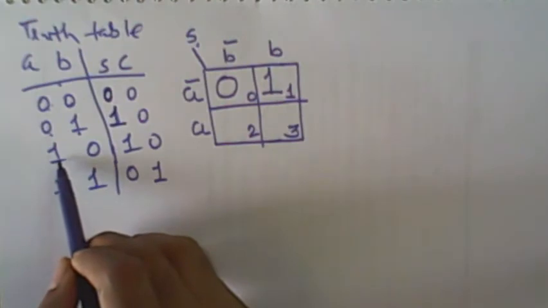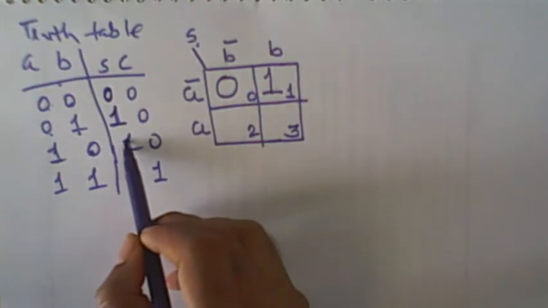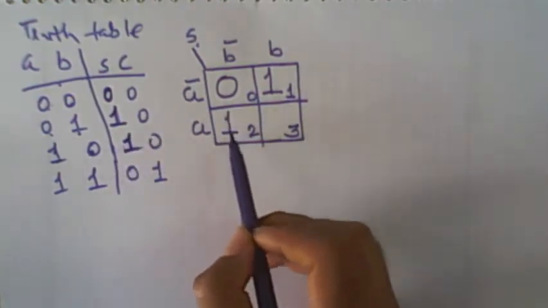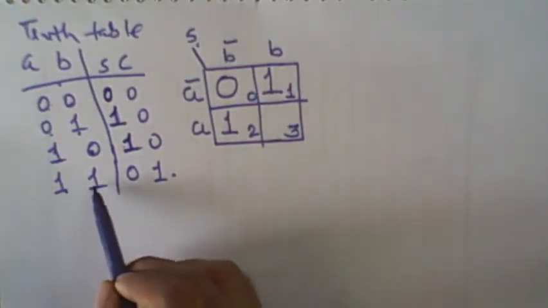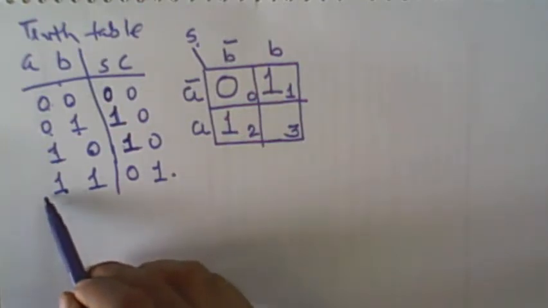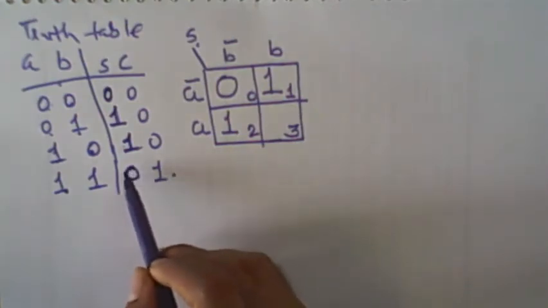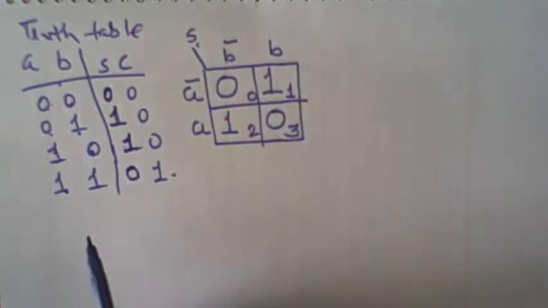For minterm 2, when A is 1 and B is 0, the sum bit is 1 and this 1 is mapped here in the Karnaugh map. When A and B are 1 1, minterm 3, the sum bit is 0, so this 0 is mapped here. This is the mapping of the truth table to the Karnaugh map.